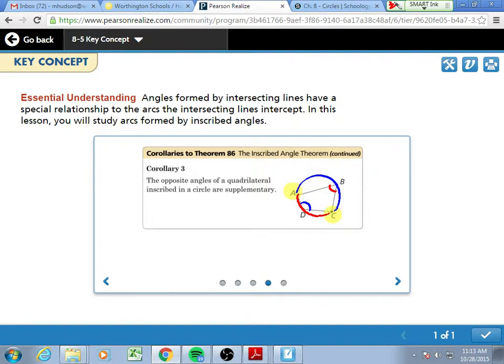Yeah, so let's say this arc length here, the blue one, is 210. Then this arc length here would have to be 150. So half of that, they're going to combine to be 180. That's why they're supplementary, because between the two of them, they use the entire arc of the circle. That's why the opposite angles would be supplementary.